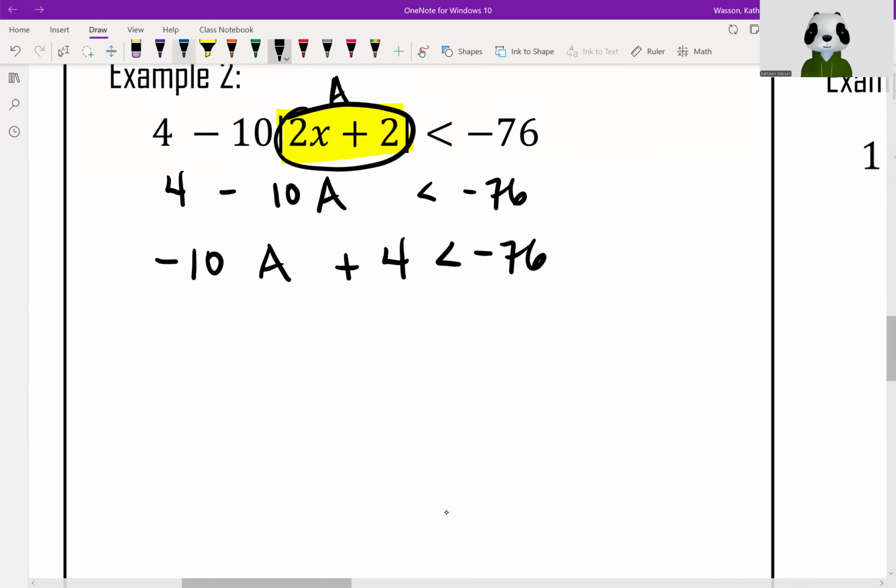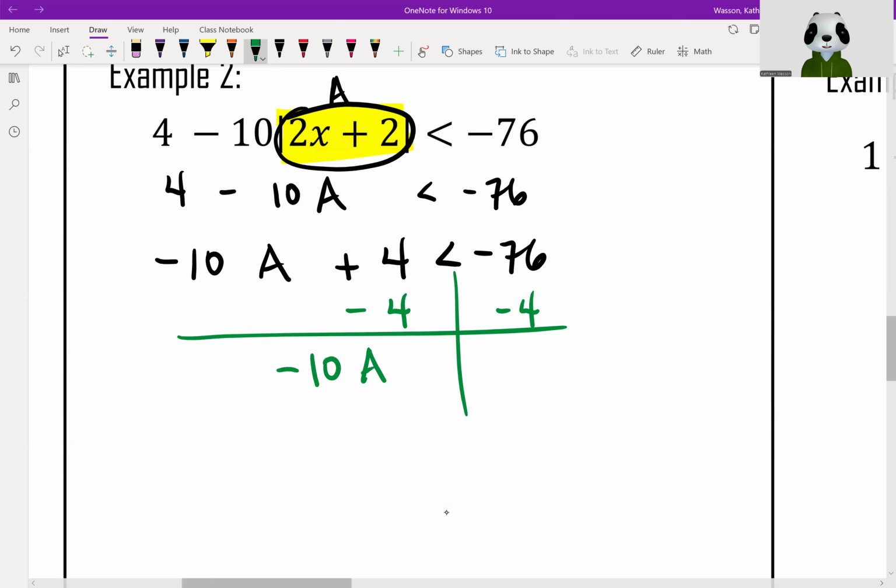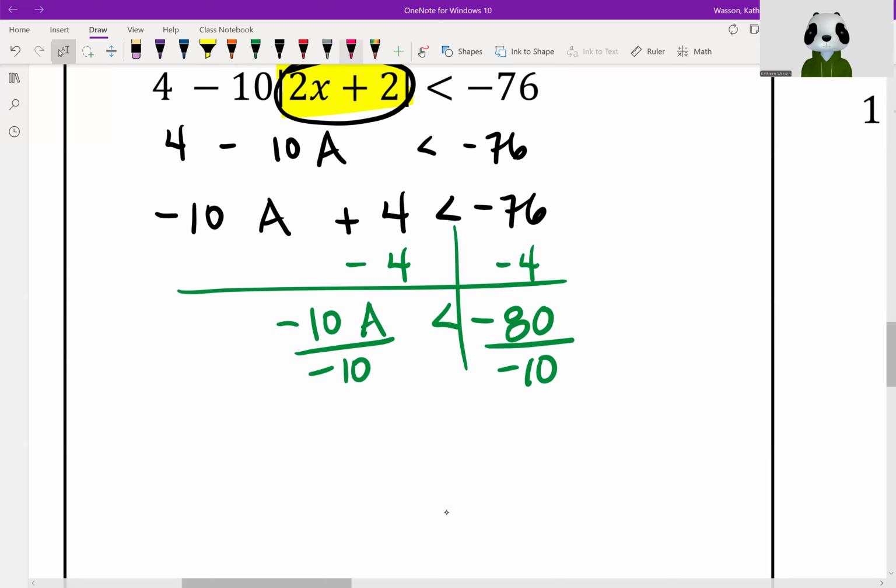My first step for isolating would be to move the 4. So I'll subtract. That leaves me negative 10 times the absolute value expression is less than negative 80. And then I divide each side by negative 10, the coefficient of A. When I divide by a negative number, because these are negative, I flip my symbol backwards.